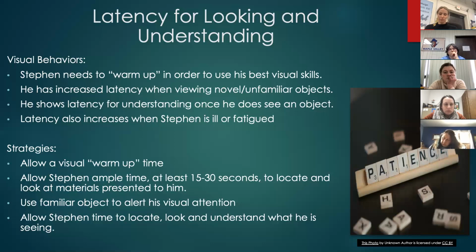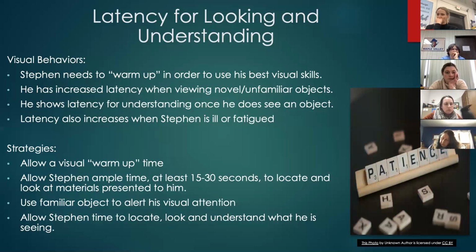They might see an object, but the child might not be able to understand that object. So Stephen has increased latency in both areas. He has increased latency when he's viewing novel or unfamiliar objects, and then he shows latency for understanding once he does see an object. And latency also increases when Stephen is ill or fatigued.